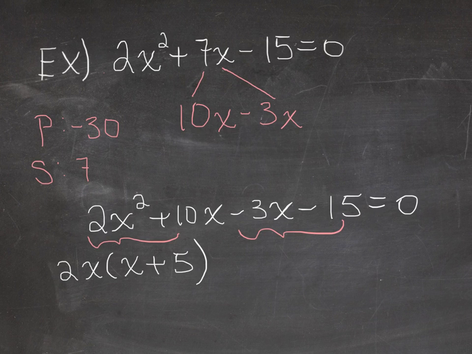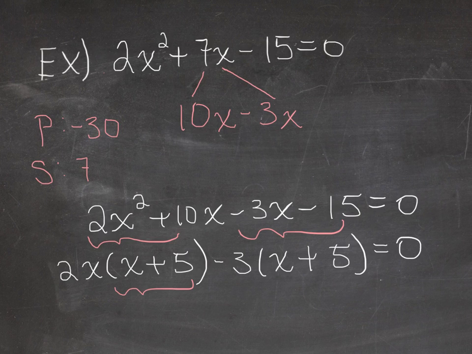Okay, and then my goal here is to factor out again what's common in the last two terms, but I want to end up getting a bracket again that looks like x plus 5. So I have to factor out a negative 3 from both of them, and then from the first term I'll be left with an x, but now I'll be left with a positive 5 because negative 15 divided by negative 3 is positive 5, equal to 0.